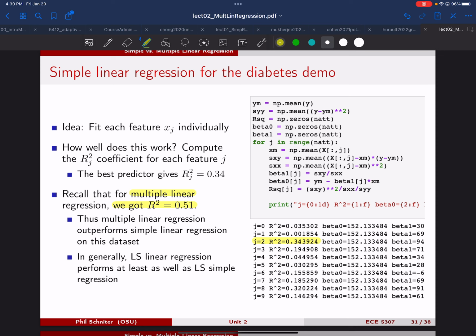It will figure that out. But if you only show it some subset of features, there's no way it could use the information from the ones you are leaving out. That's the intuition about why it's better to use all the features: it gives the predictor more freedom.